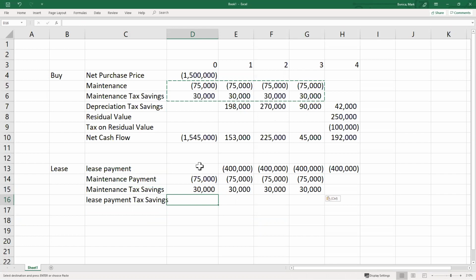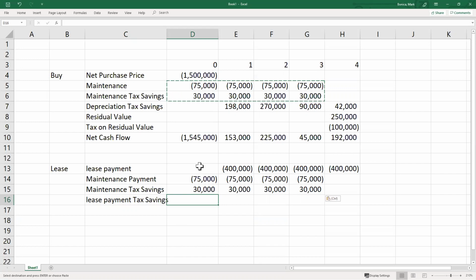However, I disagree with the book's answer because they've consolidated the maintenance payment at the end of year 1 when the problem clearly states that the lease payment occurs at the beginning of the period, and they actually demonstrate that's the case in the buy option.